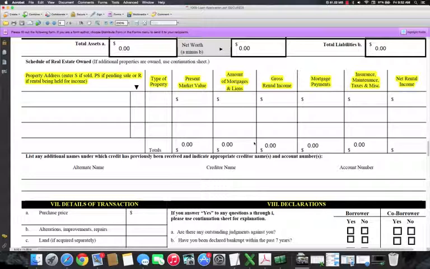I see lots of people put inaccurate information or missing information, or the information that they put here does not match up. More often than not, it does not match up with the amount of mortgages and liens that show up on their credit report. So you want to make sure that whatever's on your credit report is reasonably close to what you're going to put here in this column.